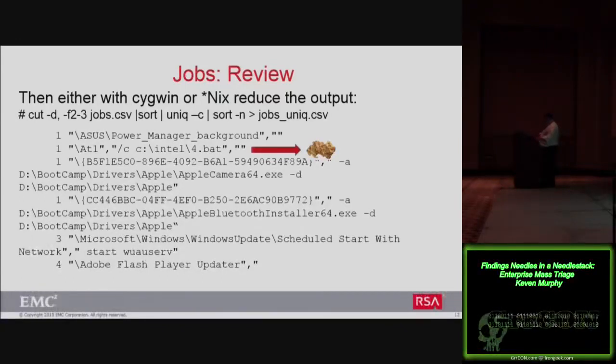The rest of it looks normal. The network this came from wasn't super huge, but you can see at the bottom, Adobe Flash Player Updater, I have 4 counts of those AT jobs, and I can just rule that out because it looks benign.